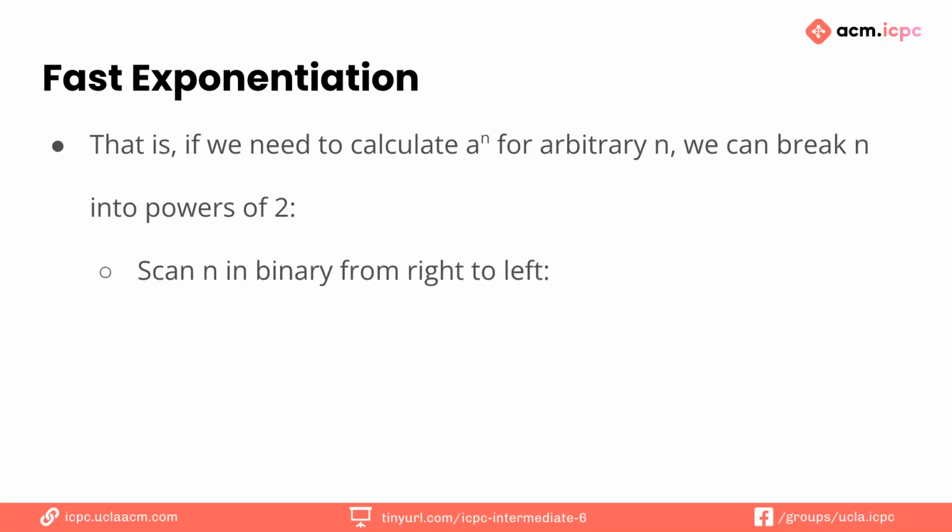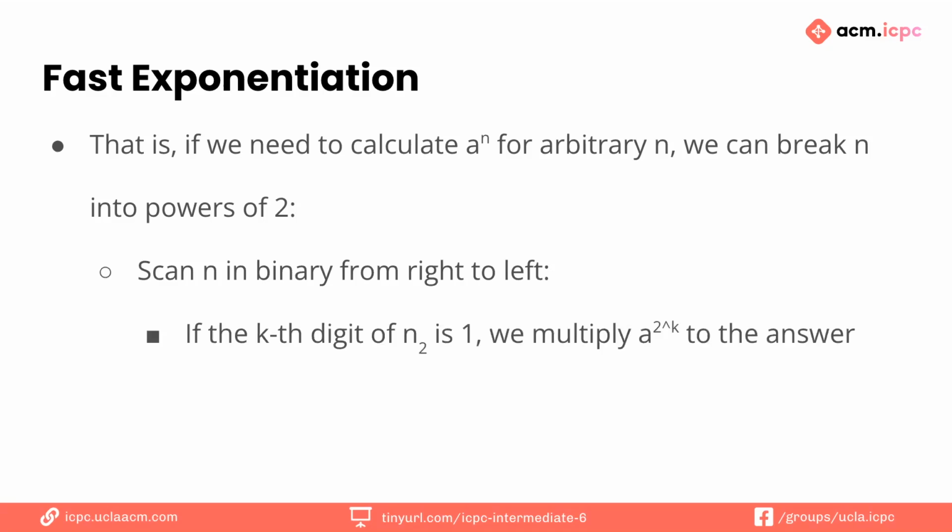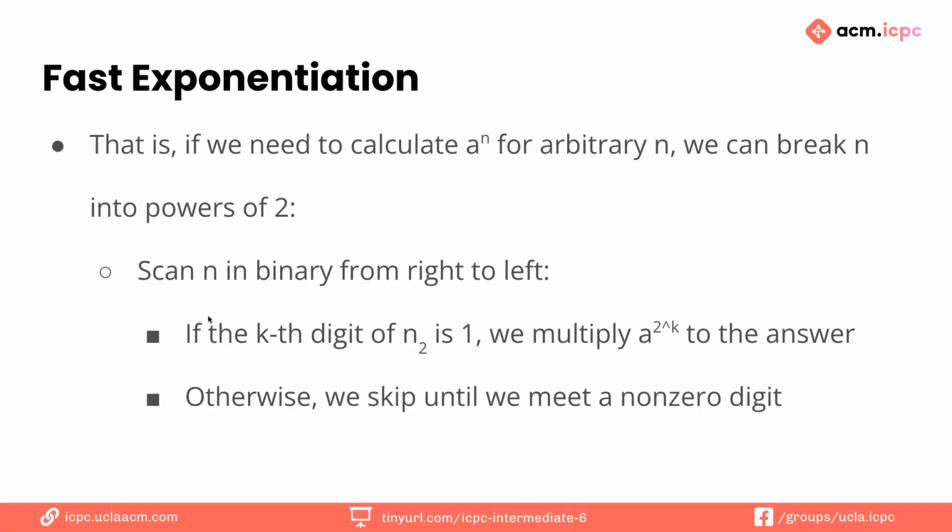To do that, we scan n in binary from right to left, and if the kth digit of n in binary is 1, or non-zero, then we multiply a to the 2 to the k power into our answer. Otherwise, we just keep scanning to the left until we meet a non-zero digit.